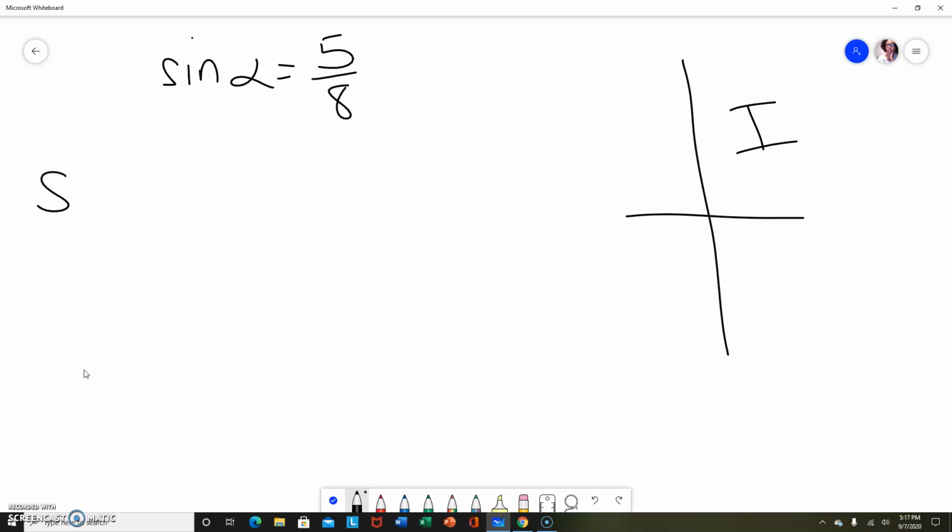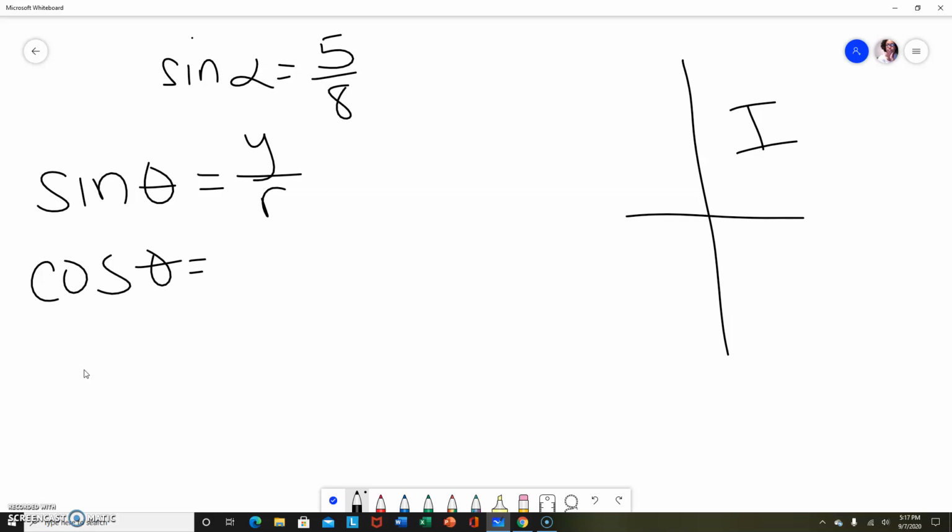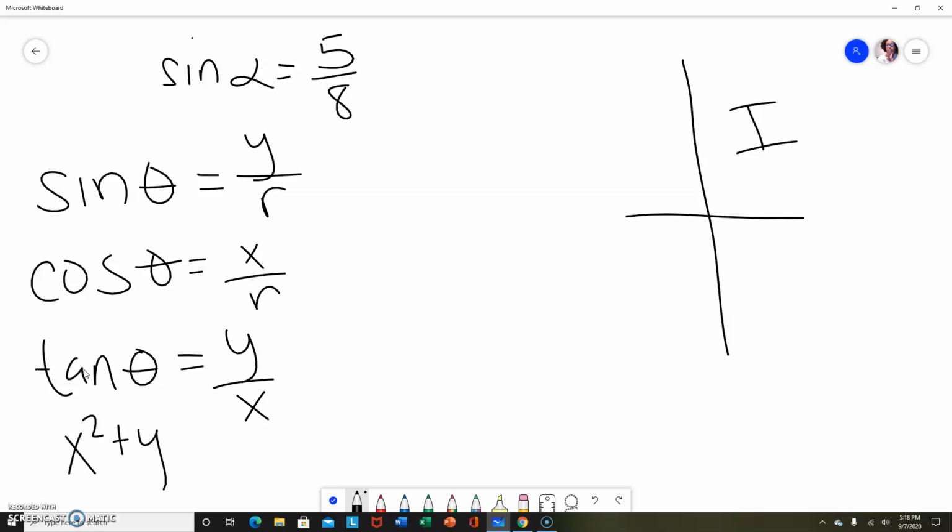However, we also know that sine alpha is equal to y over r, cosine alpha is equal to x over r, and tangent is equal to y over x.